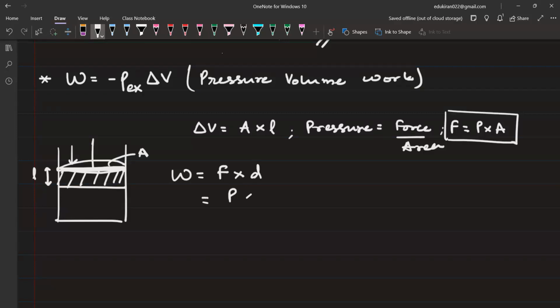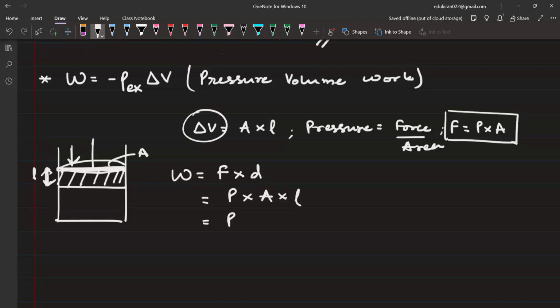Force we have written as pressure into area. And what is d? d is this displacement, यहाँ से यहाँ तक, एक आपने फोर्स लगाया, उस फोर्स से इतना मूव किया, तो d is actually L.